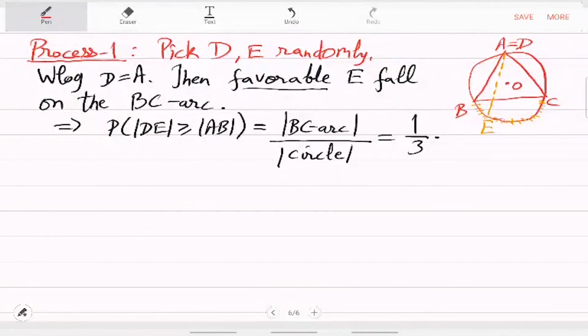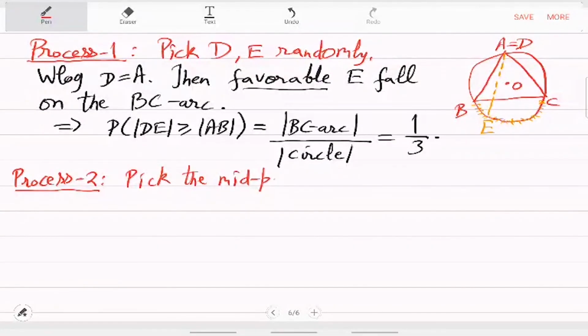So, you could have chosen the chord in a different way. So, for example, what you could have done, pick the midpoint of D. Note that if you pick the midpoint of D, then it specifies D and E uniquely.